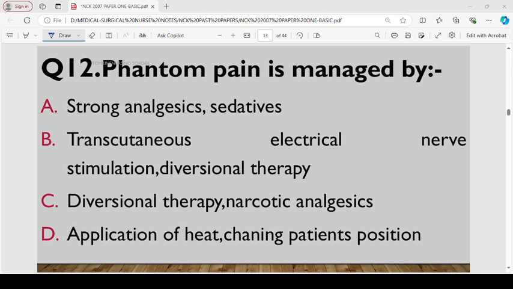Diversional therapy is useful, but narcotics are not preferred for long-term management because of the addiction, right? So that makes it wrong. Option D, application of heat, changing the patient's position. Heat and repositioning are not effective for managing phantom pain, right? So that makes the most appropriate answer to be transcutaneous electrical nerve stimulation, right? And partly diversional therapy, right? Okay, so this is what makes this one wrong here.